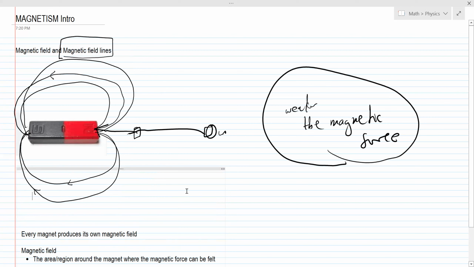And if we remember the rule of magnetism, you know that like poles repel, unlike poles attract.